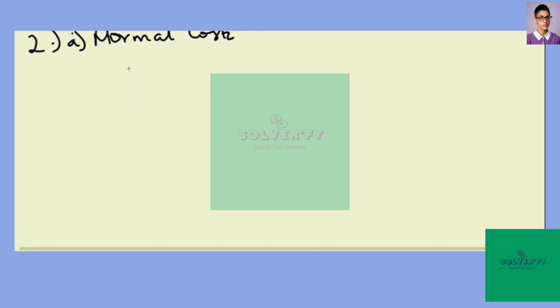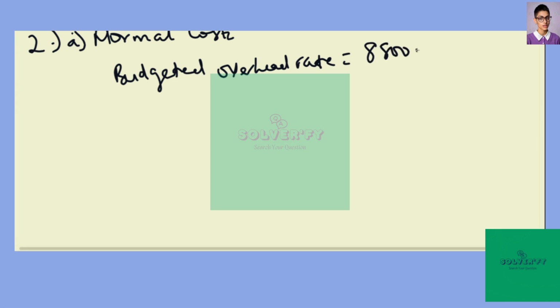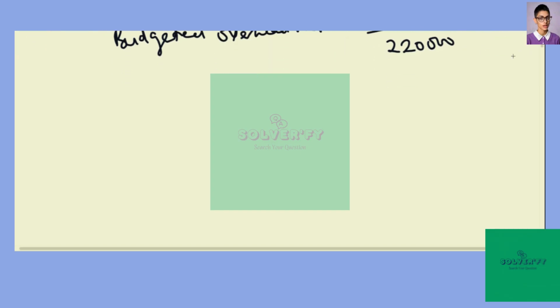So using the normal costing, the budgeted overhead rate will be equal to the budgeted total overhead cost over the budgeted cost drivers, and that's 8,800,000 divided by 220,000, and that's $40 per hour.